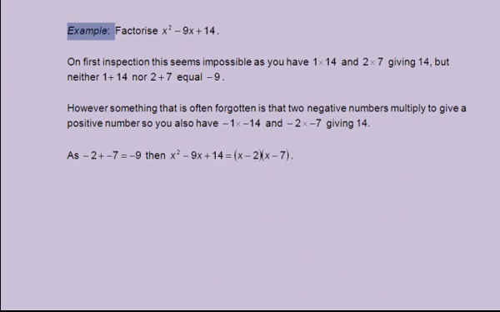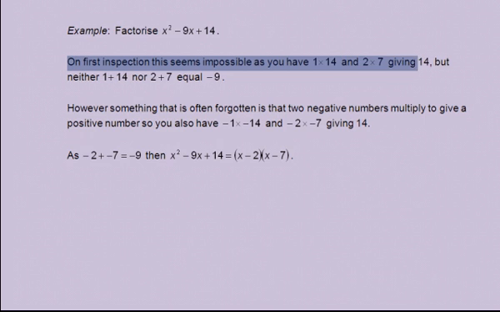Example: factorise x squared minus 9x plus 14. On first inspection, this seems impossible, as you have 1 times 14 and 2 times 7 giving 14, but neither 1 plus 14 nor 2 plus 7 equals minus 9.